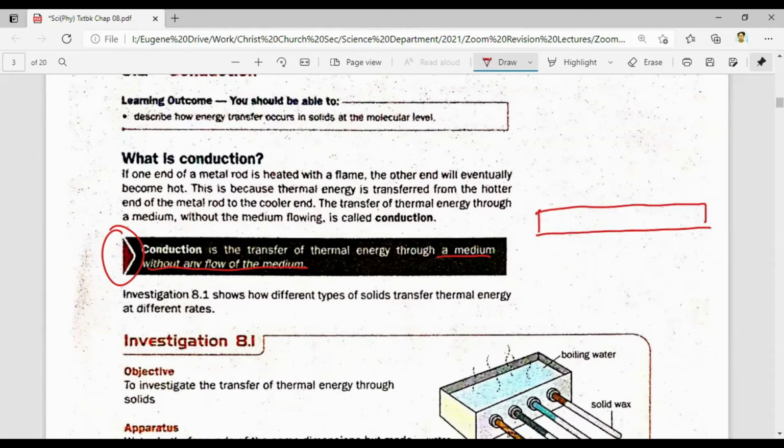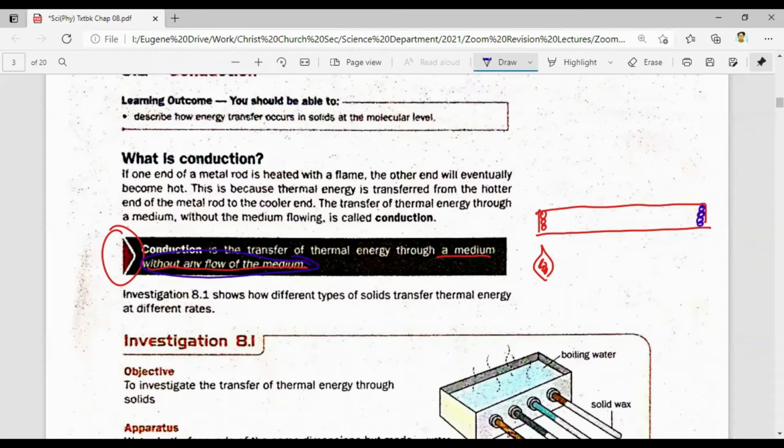Like this. Once this is being heated up, the particles will remain here.